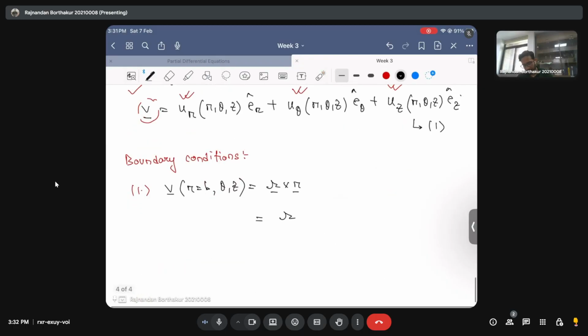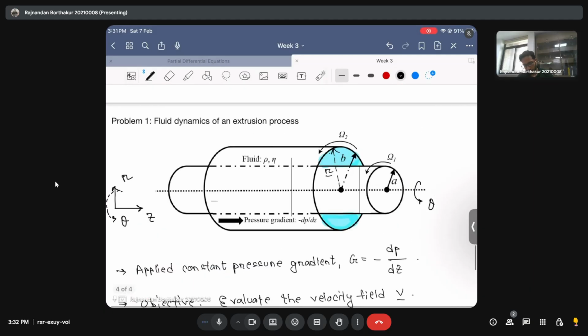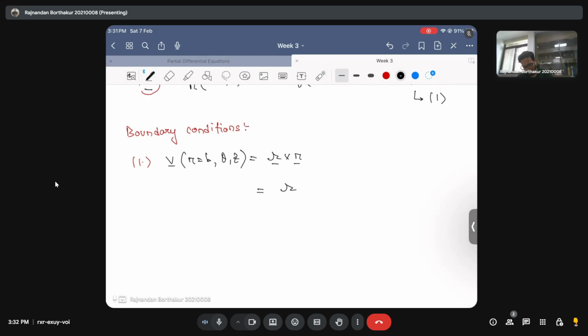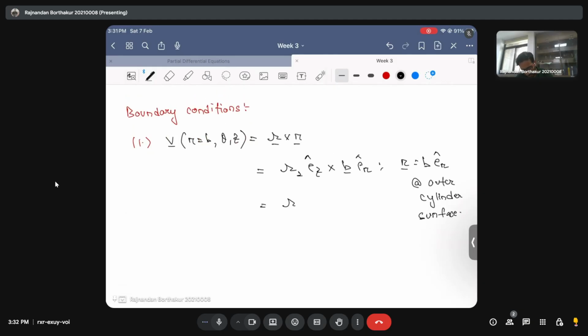So this is omega 2, with its direction Ez, cross b er, because I know that my r is equal to b times er at the outer cylinder surface.